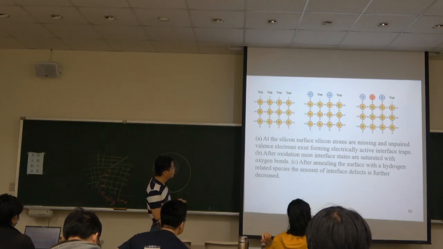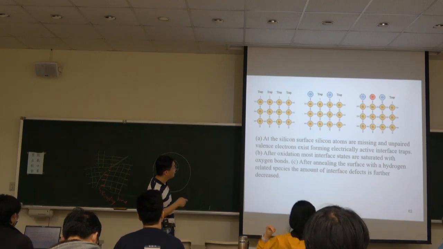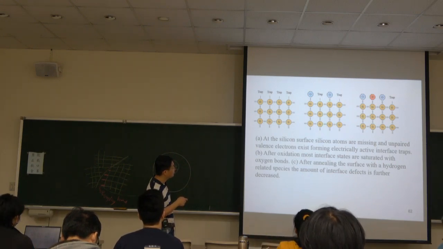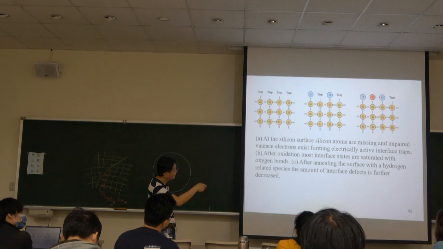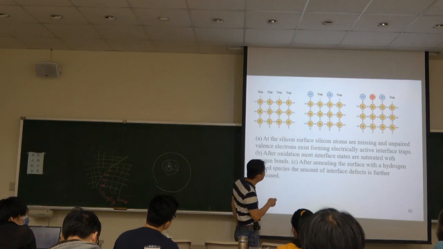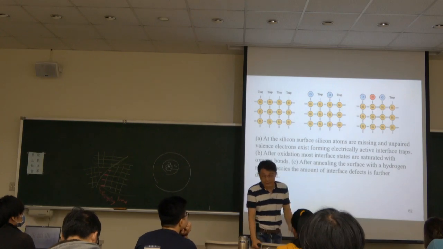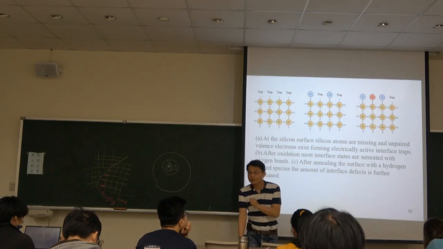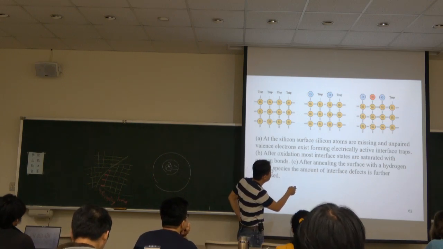But after oxidation, for example, you could do the oxidation. Some of the oxygen would bond on this surface, but you still have the trapping site. Then you can pass this substrate through an annealing process under hydrogen gas, so hydrogen could bond on this surface.